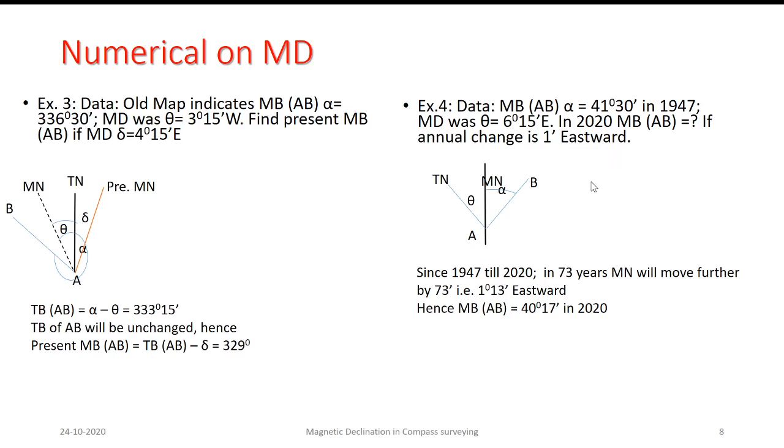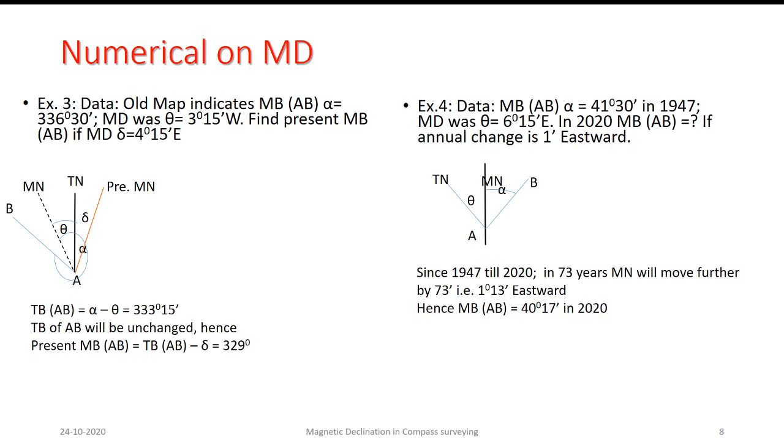As such, since 1947 till 2020, in 73 years, magnetic north will move on the rightward side, that is the eastward side, by 73 minutes, which is nothing but 1 degree 13 minutes. Hence, 41 degrees 30 minutes minus 1 degree 13 minutes, which is nothing but 40 degrees 17 minutes, is the magnetic bearing of the line existing as on 2020.